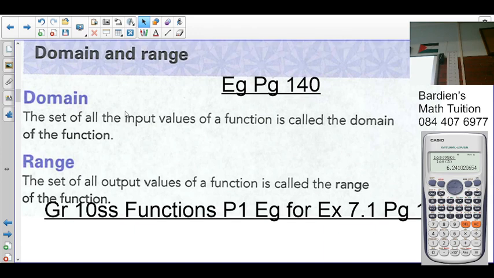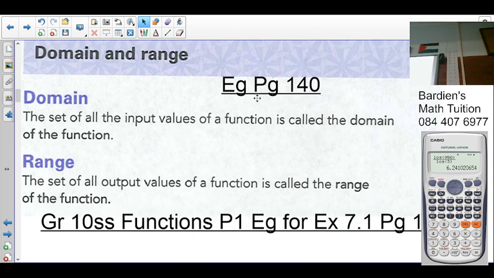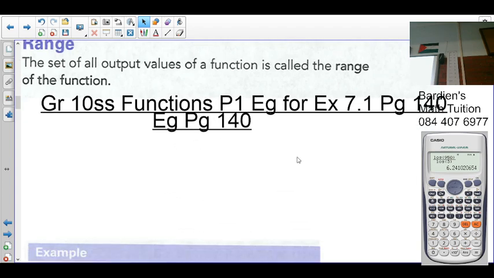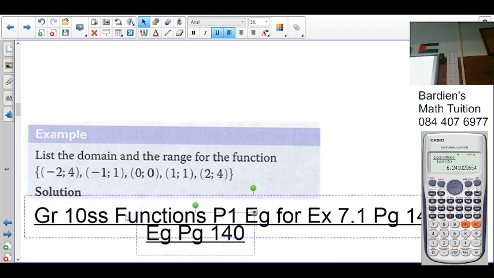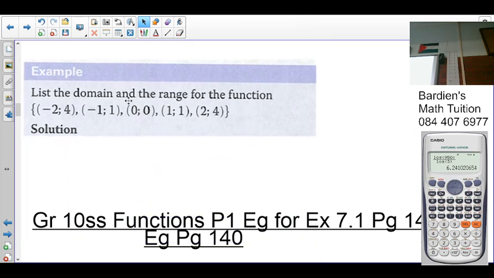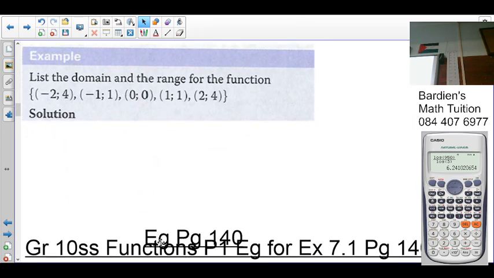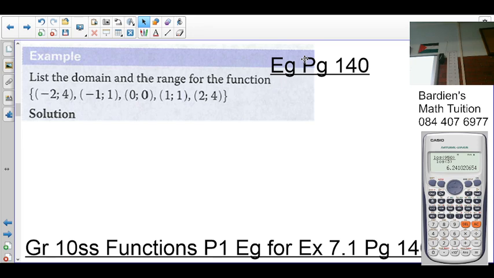The range: the set of all output values of a function is called the range. Let's carry on. This example is also on page 140. We are told to list the domain and the range of the function.